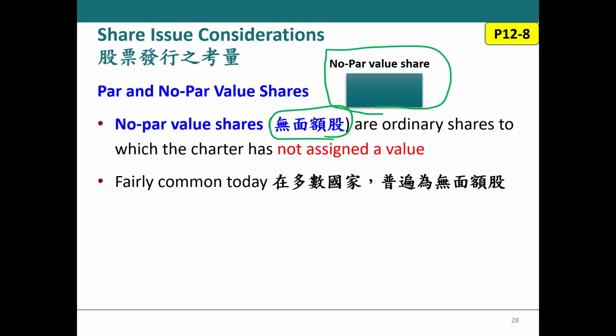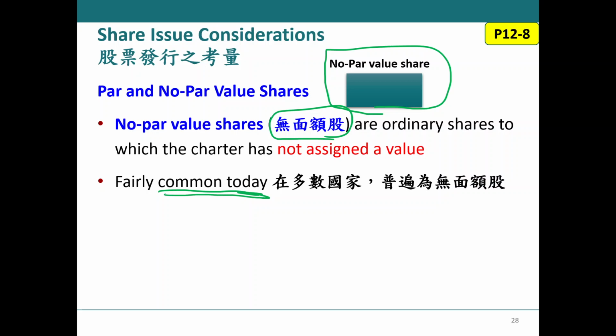Right now, no par value shares are the most common today. More countries use no par value shares.